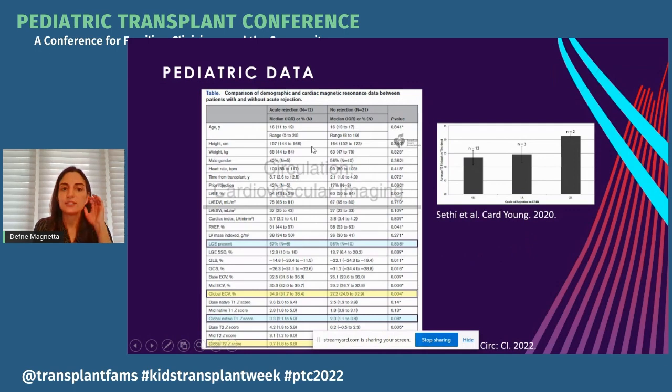And then here, this larger study with 12 patients who had rejection versus 21 who did not, showed basically what the adult studies have shown, which is that global ECV and T2 scores were higher statistically in the rejection group than in the non-rejection group. The global T1 scores did not meet statistical significance, but did look higher, so potentially just limited by patient numbers. And then LGE really was no different between the groups.